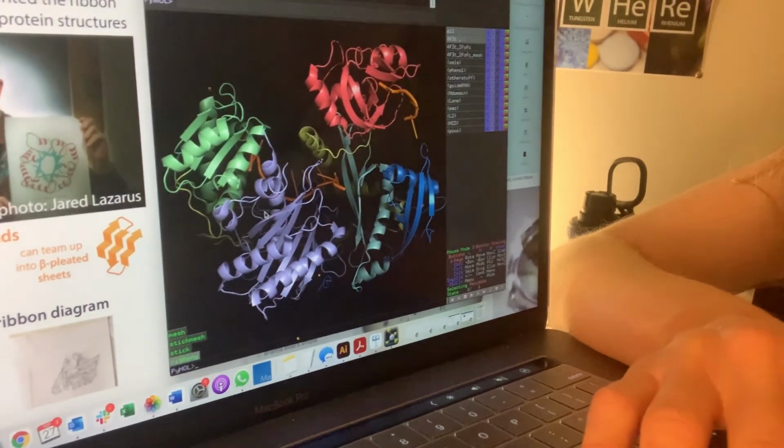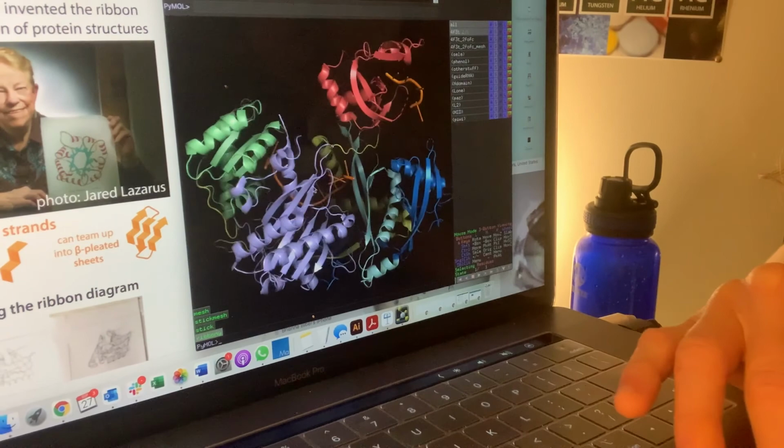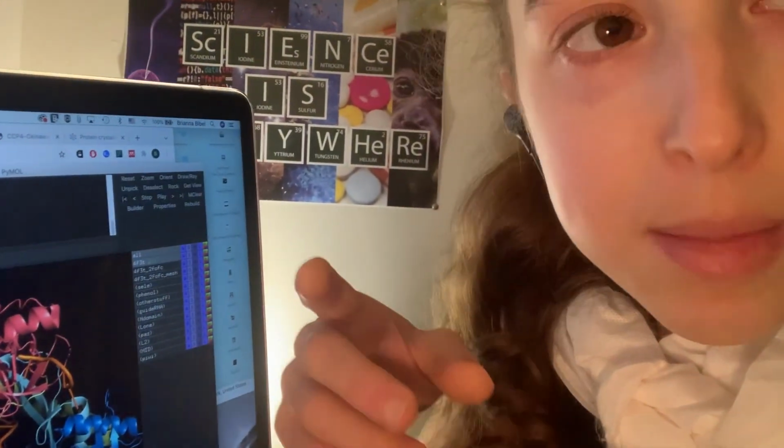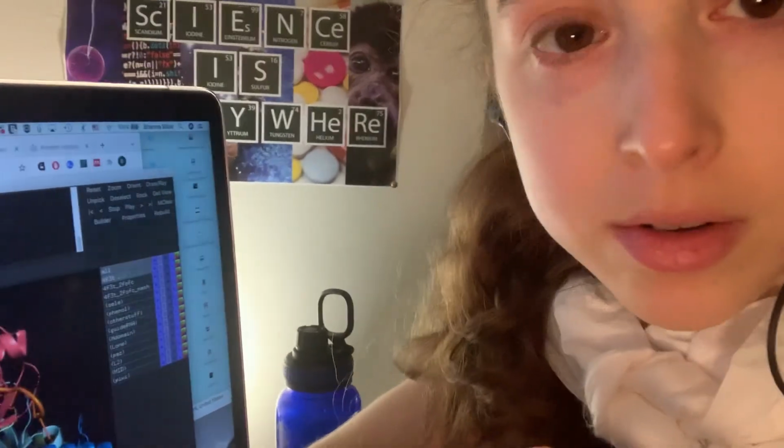But when you make it in this ribbon diagram form, now you can clearly see the various elements of the protein backbone and the different motifs that they make. We call those coils and strands, secondary structure motifs that involve the backbone of the protein. I'll tell you more about that in a minute.